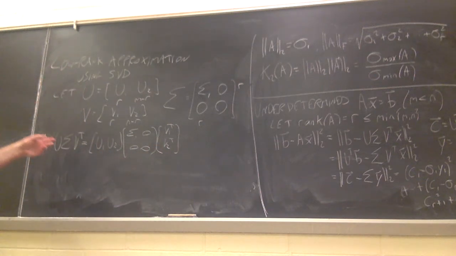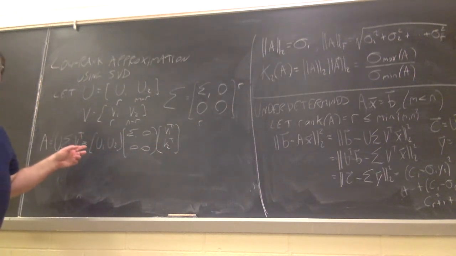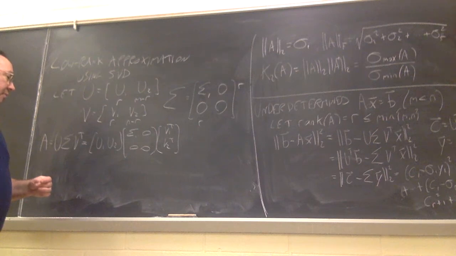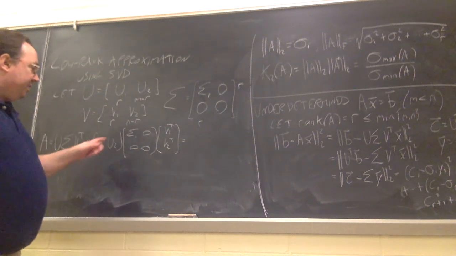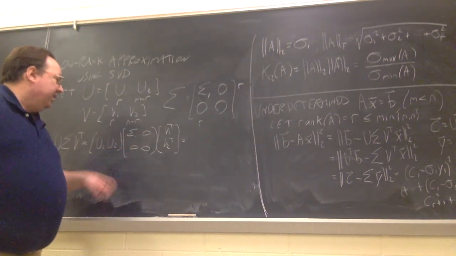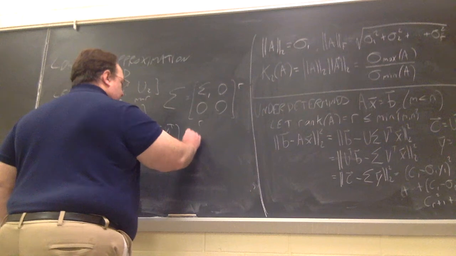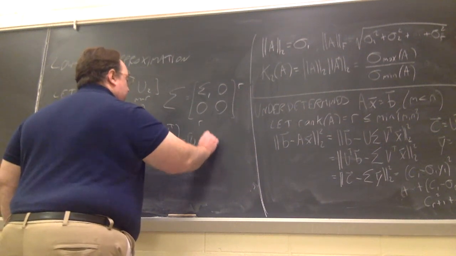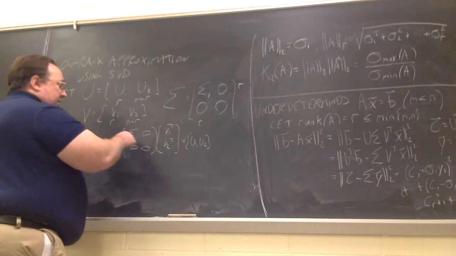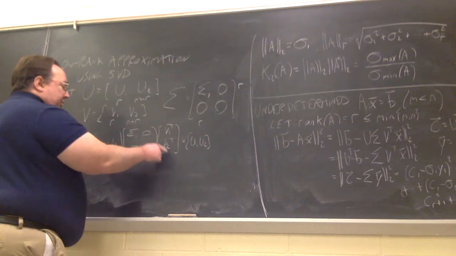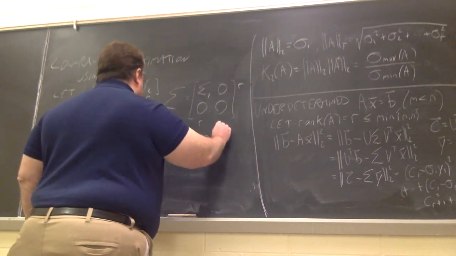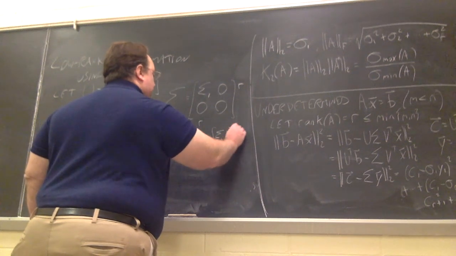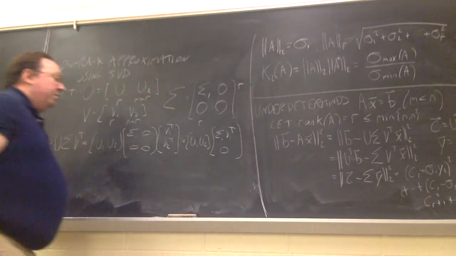Okay, so now I can carry out this matrix product. I get sigma 1 V1 transpose plus 0, which gives sigma 1 V1 transpose, and then 0.